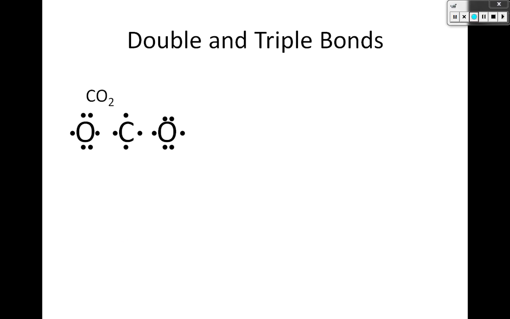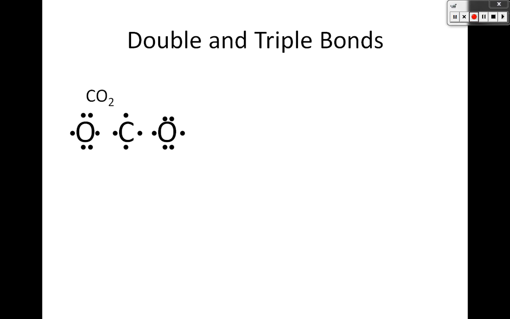Now, occasionally, you need more than one bond, more than 2 shared electrons, for each element to get its octet. So let's take the example of carbon dioxide here. In carbon dioxide, you have 1 carbon and 2 oxygen. Now, generally speaking, although certainly not always, the first element you see is going to be the central element.